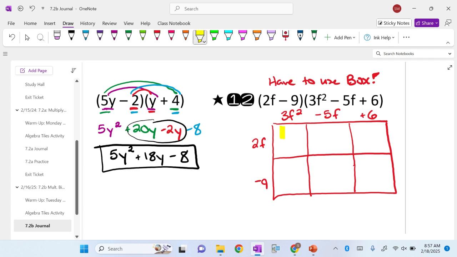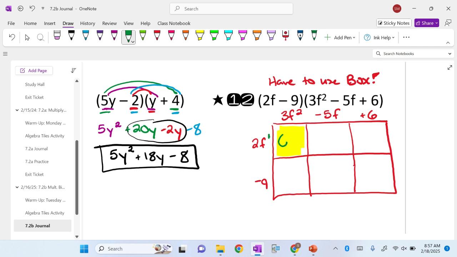This first box, we're doing 3f squared times 2f. What's 3f squared times 2f? 6f, not squared, cubed. Remember your power rules. If this is a 2 and this has an exponent of 1, you add them. So that would be f cubed.